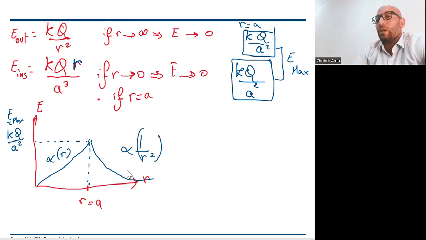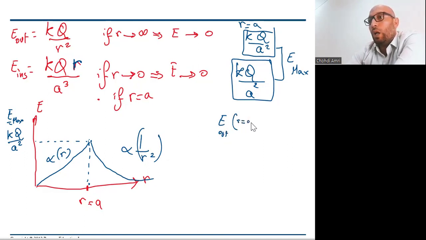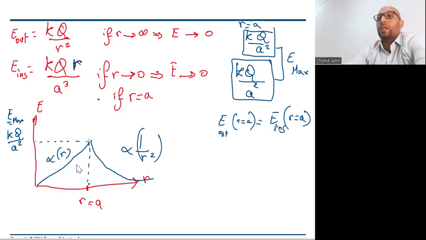So this is the variation of the electric field as a function of the distance R. We can say E outside when R equals A equals E inside when R equals A. So we conclude that the electric field produced by the charged sphere is continuous at the surface.